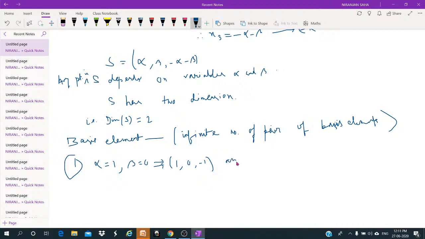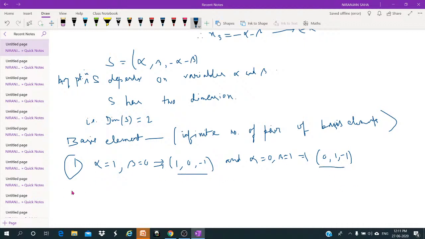And alpha is equal to 0 and beta is equal to 1 implies another basis element, 0, 1, minus 1. So these two elements form a basis for S.